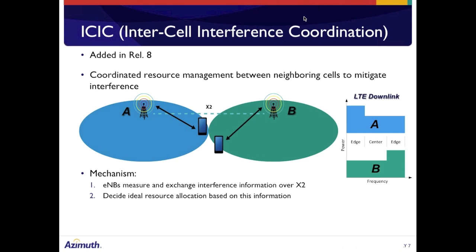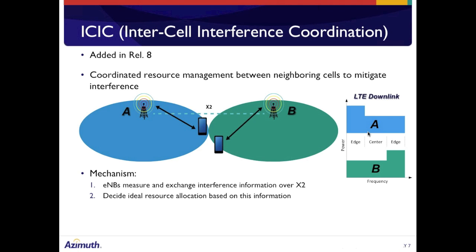So as you see here, we've got a user connected to cell A, and he's at the edge, where the eNode B will allocate more power, and he's getting scheduled resources in the higher power area of the spectrum. Likewise, the same thing happens to the user connected to cell B, who gets allocated a part of the spectrum where he has higher power.